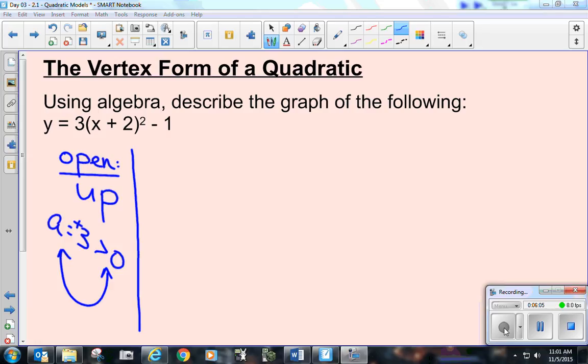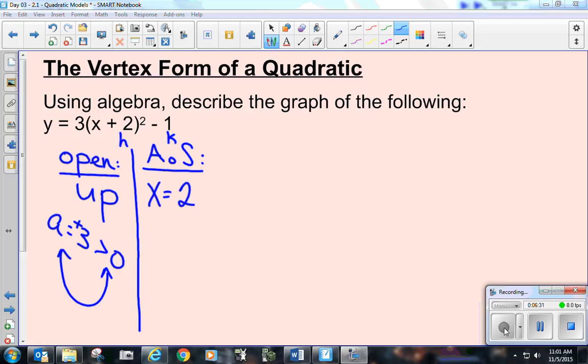What about the axis of symmetry? What is that? So we have our h and our k, right? So I'm hearing that x equals 2. You guys agree? There's one thing wrong with that. What is it? It's negative 2.